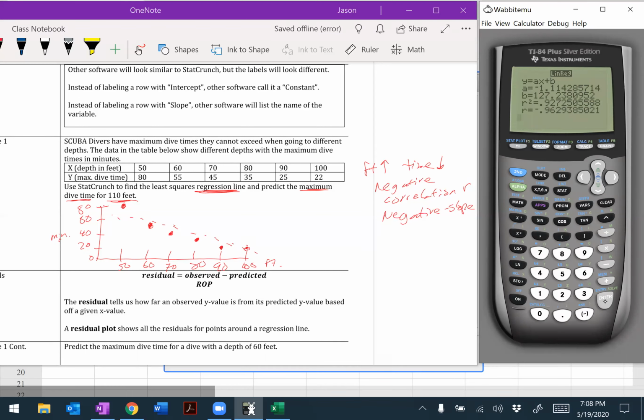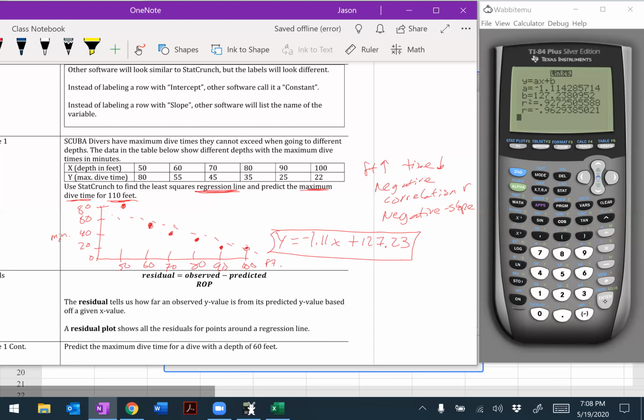And it says y equals negative 1.11x plus b, which is 127.23. So that's the regression equation that the calculator got.